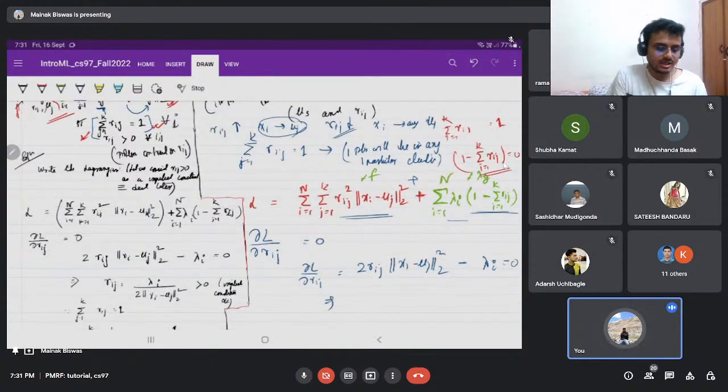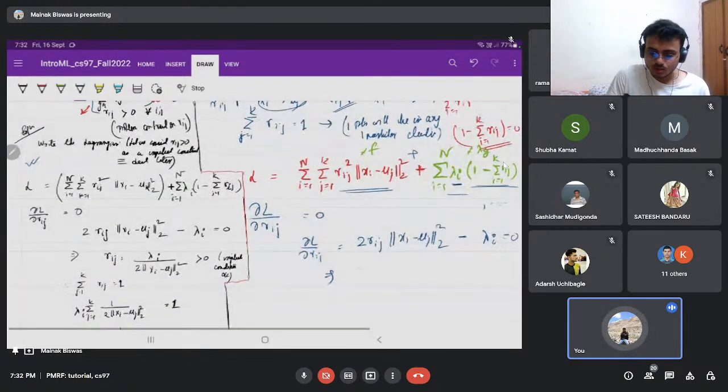If the step-by-step algebra is not clear, you can go through these steps later on, and if you have any doubt, I think it will be solved. When you take the derivative with respect to R_ij, only the ith term will remain.